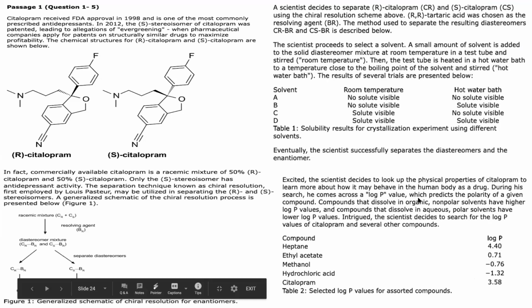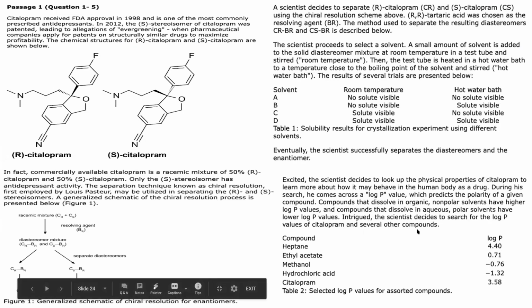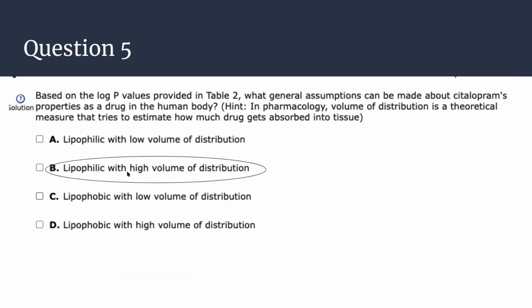So we can say that it's going to dissolve in the organic non-polar solvent. Let me go back. That would mean it is lipophilic because it is going to dissolve in the organic non-polar solvent. And if it's dissolving in that, it's going to have a high volume of distribution.